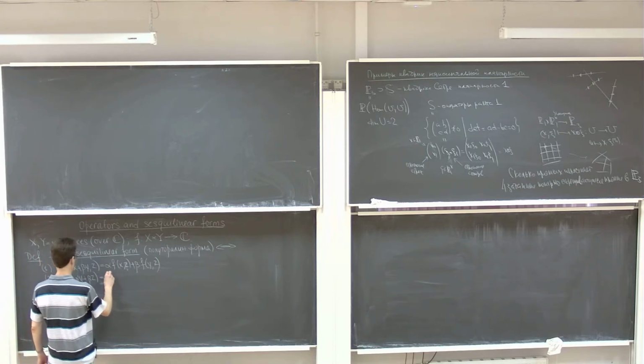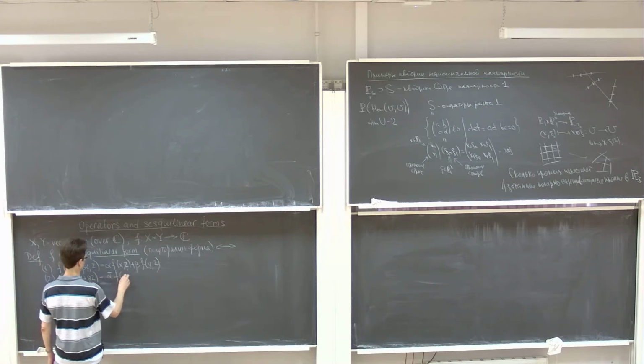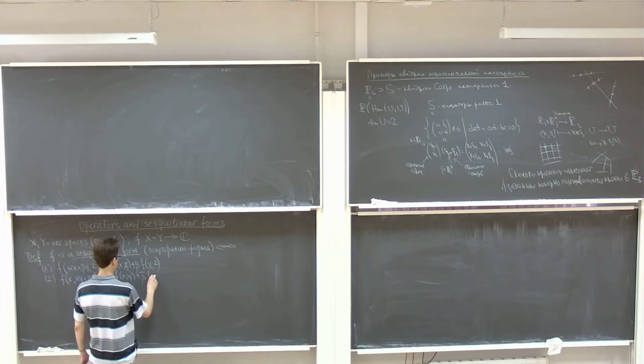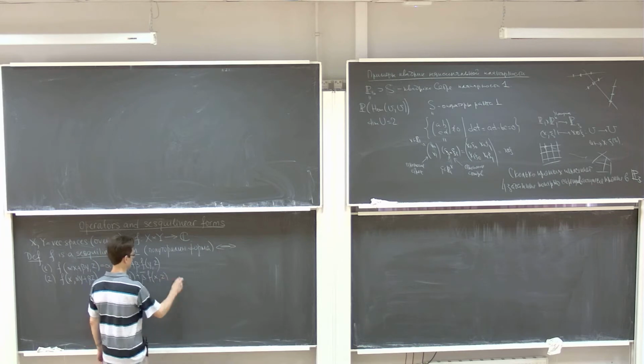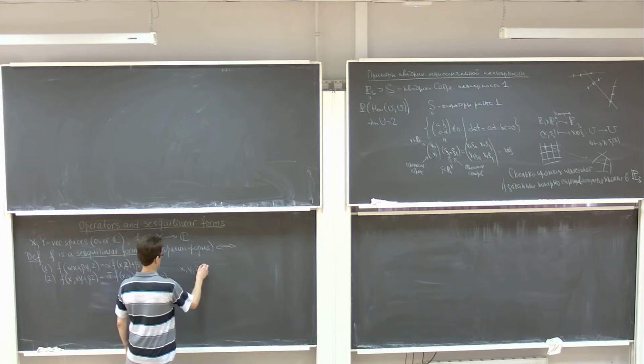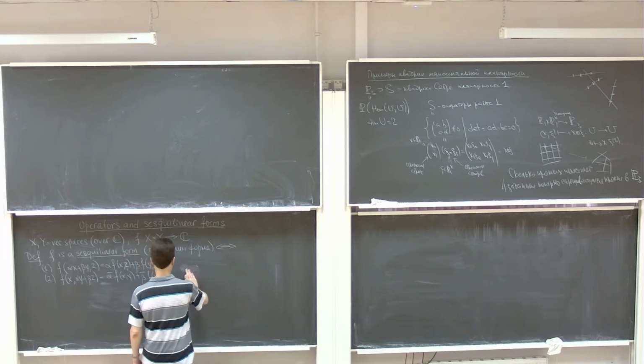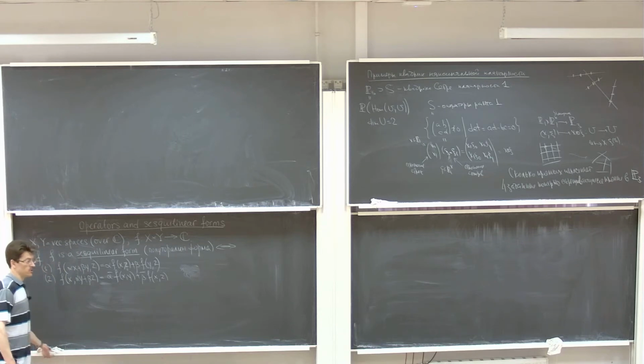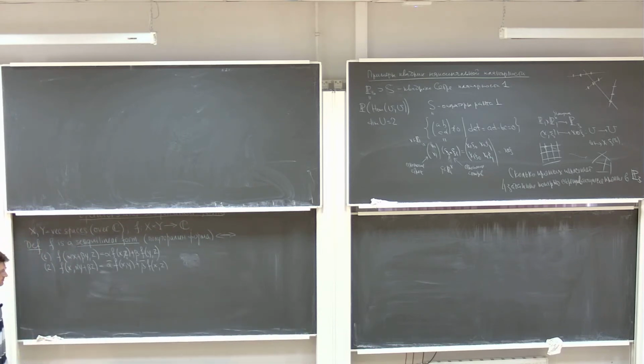So here we have alpha conjugate F of (x, y) plus beta conjugate F of (x, z). Okay. So we are mostly interested in those sesquilinear forms which come from linear operators.